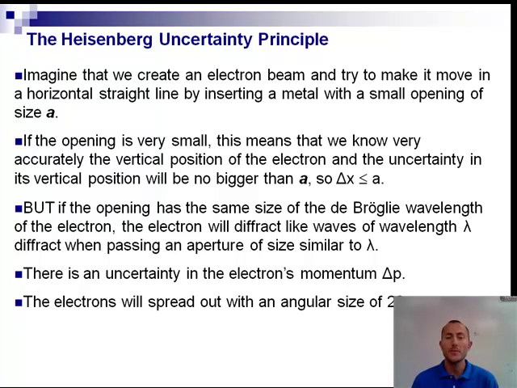Remember that momentum is a vector, and so the direction of travel affects the object's momentum. And so as we get a smaller opening, the diffraction is going to increase, which means that the angle of spreading out is going to increase, and so there's much more uncertainty in the direction of travel, which means that there's going to be more uncertainty in the momentum.